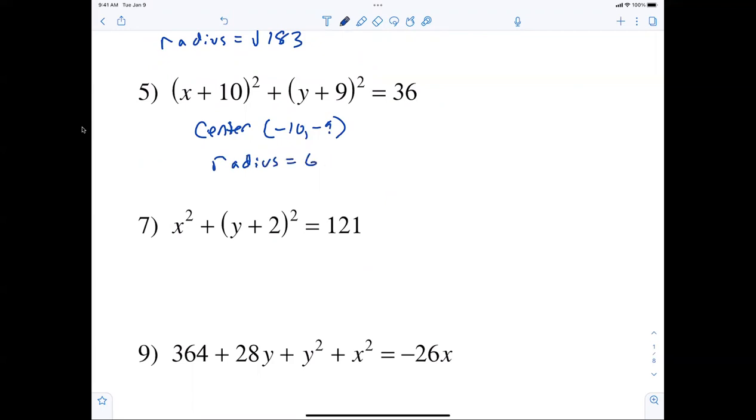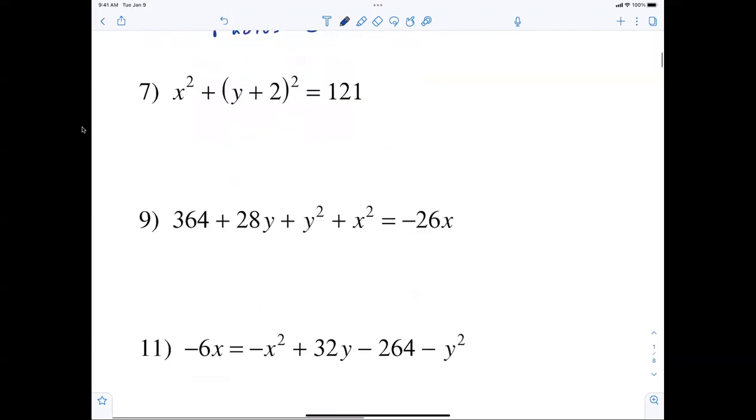Very simple. Anybody still confused? All right, so just to make sure, number 7, the center: (0, −2), and the radius is equal to, anybody? Radius 11. Very, very simple.